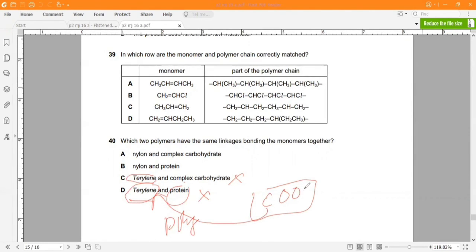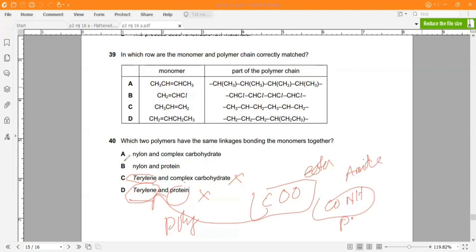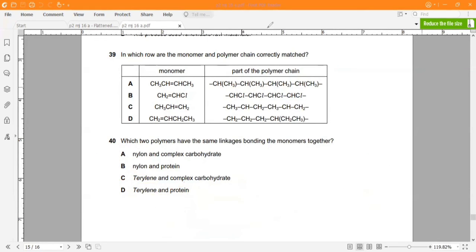This is called the ester link, and CONH is basically the amide link present in protein. So different links are there. That is why the right answer is option B. Option B will be the right choice. Well, hopefully you might have understood today's discussion.